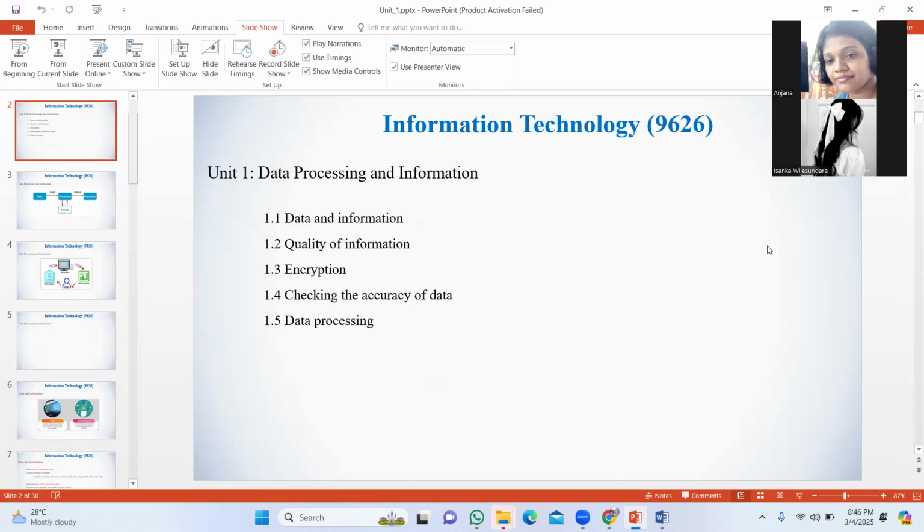Testing: white box testing, black box testing. Then implementation: parallel running and direct changeover, which means if you have an old system, you take it all off, then apply the new system. Then the documentation part also. Evaluation means, if you have a banking system, I think you have experience in the banking system, how they use it and how they update to the new system, those things.